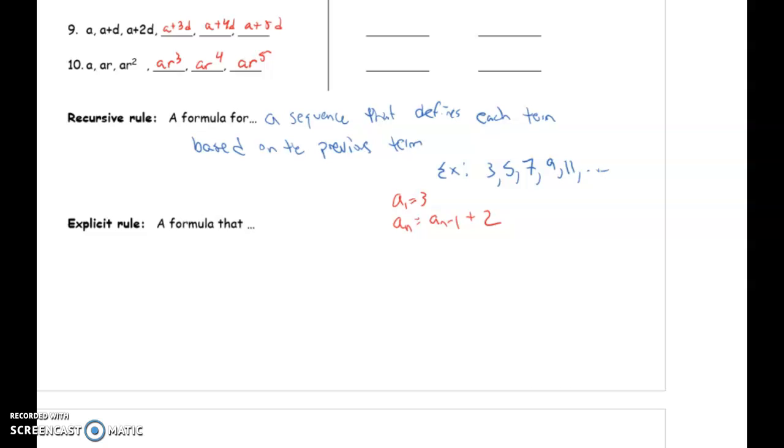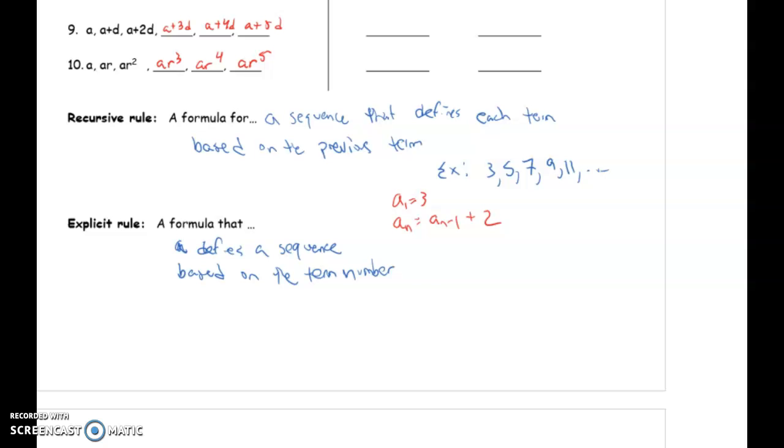An explicit rule is a formula that defines a sequence based on the term number. So you don't need to know any previous terms in order to figure out what an individual term is.